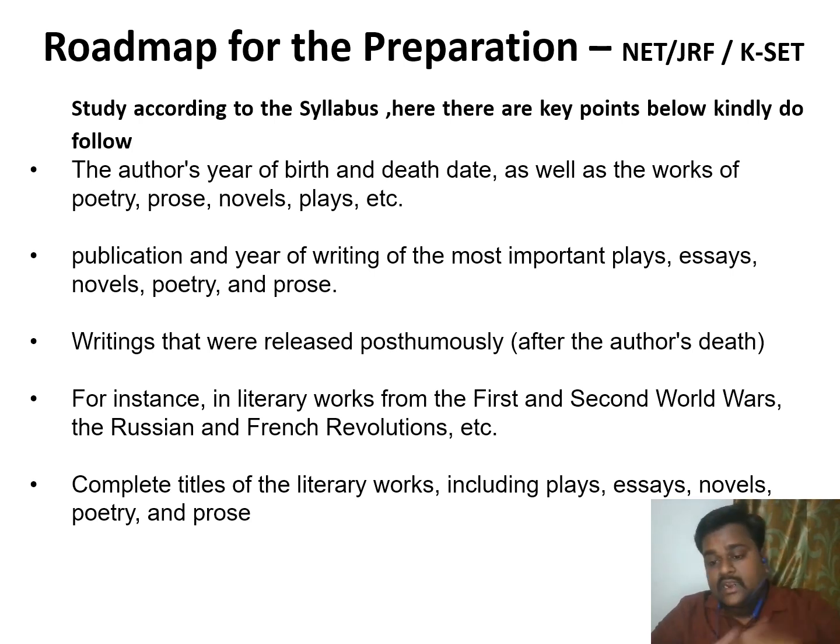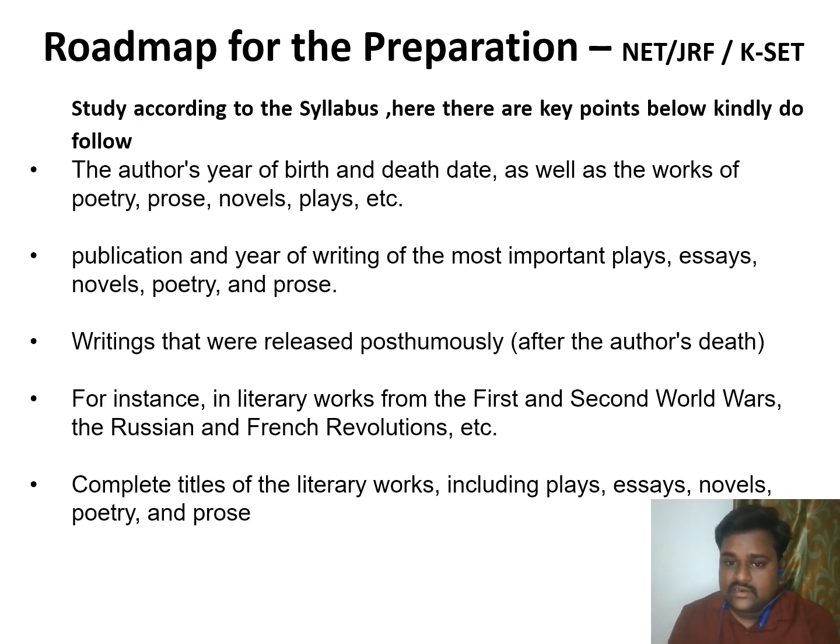We should identify the important plays, important authors, including essays, novels, poetry, including first line and last line. And we should mainly focus on works published after the author's death, called posthumously published.